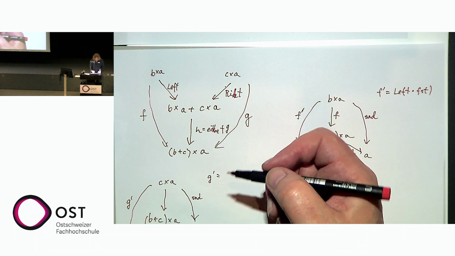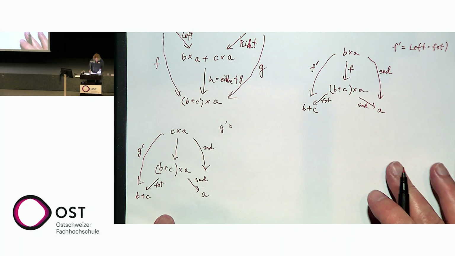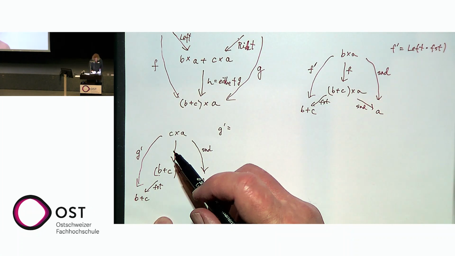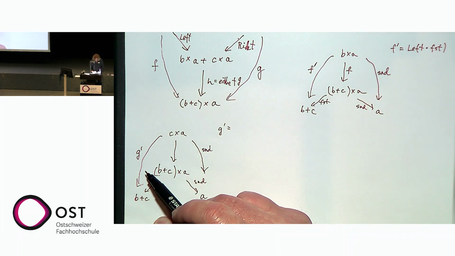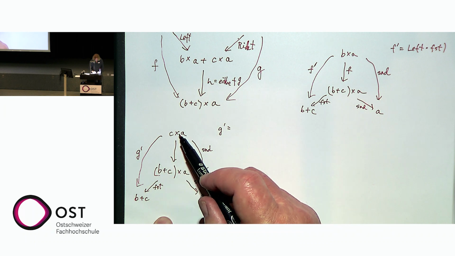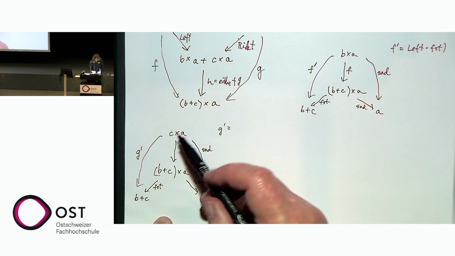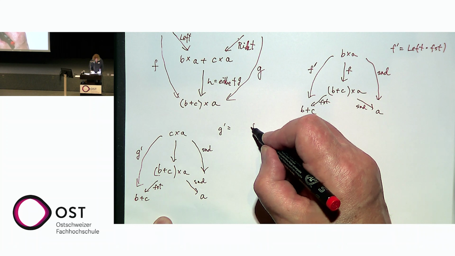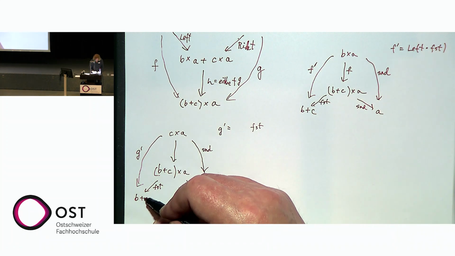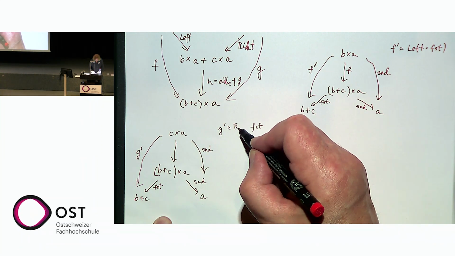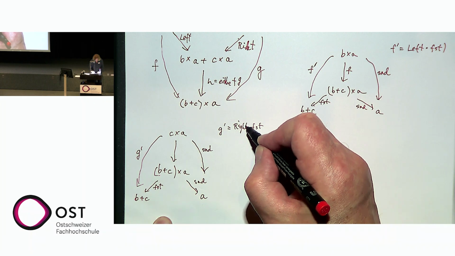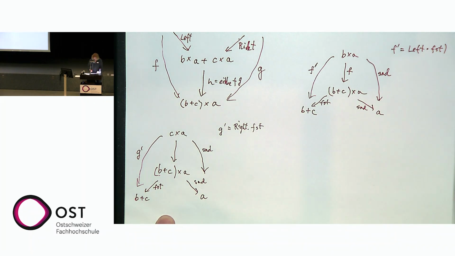Can you scroll up a bit? Oh, sorry. Okay. I know what G prime is. I can extract C from this using first, and then inject it as right. Okay?